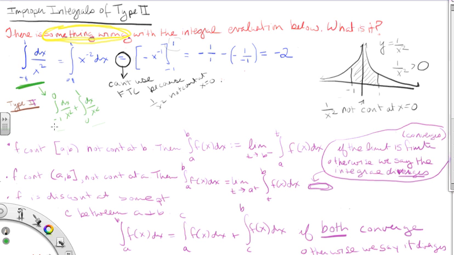However, as it turns out, neither of them converge. Let's just look at one of them. Let's look at the integral from 0 to 1 of dx over x squared.